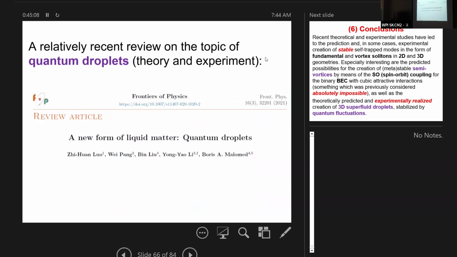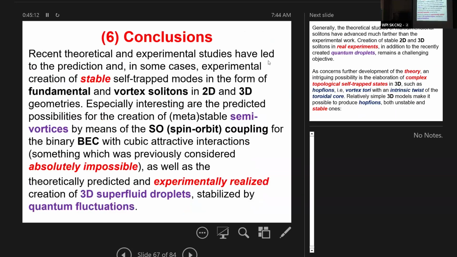Okay, and then here I can already arrive at conclusions. However, I will have something to add. The conclusions, for this part of the talk, are that we have the well-known problem of multidimensional solitons, on the contrary to the behavior of their one-dimensional counterparts.